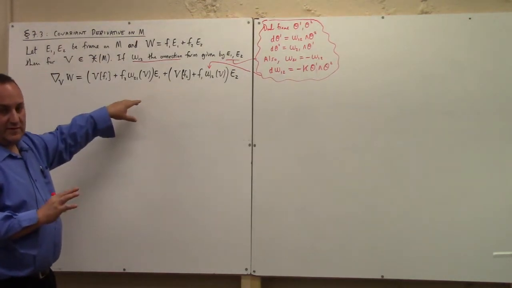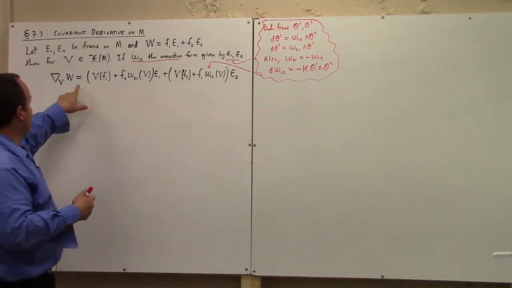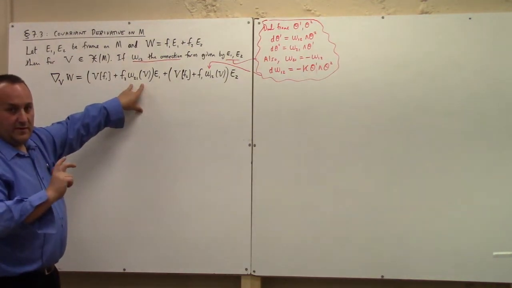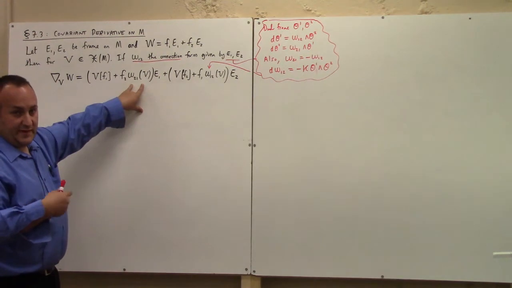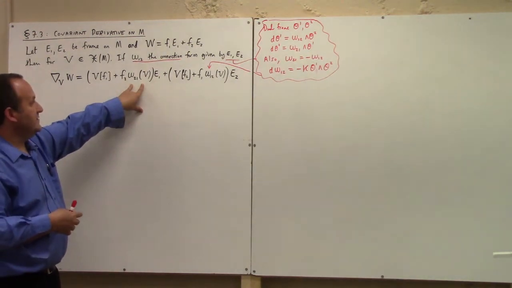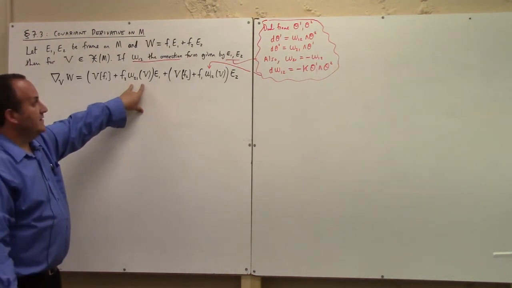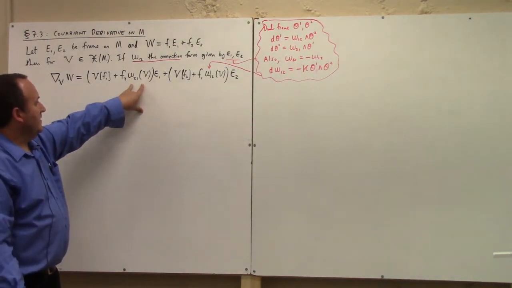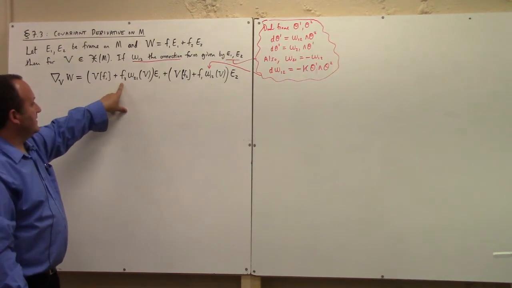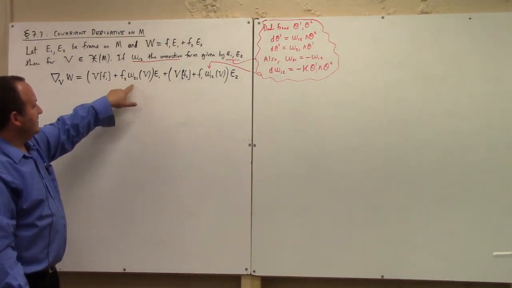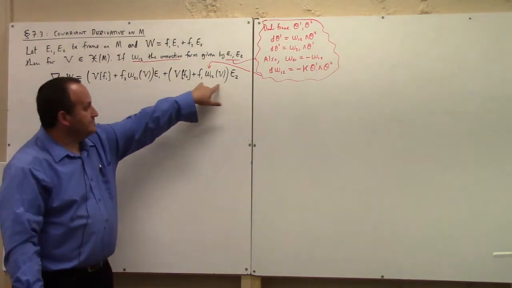But the other place that the covariant derivative accounts for the change of W is with respect to the rotation, if you will, of the E1, E2 frame, which is captured by the connection coefficient. The connection coefficient omega 1 2 is in some sense describing how E1 and E2 evolve from point to point, one to the other. And again, the components of W play a role in that. They give weights to this here and there.